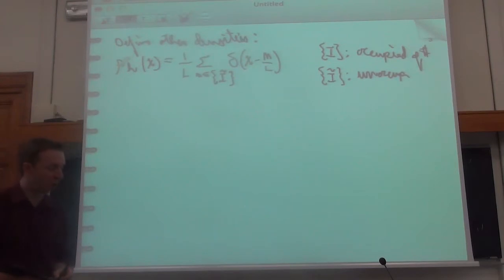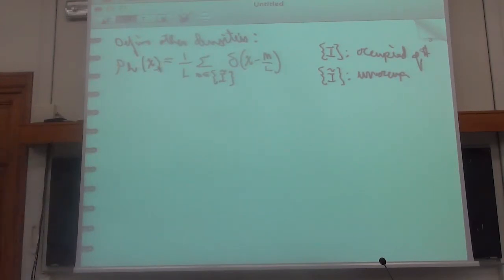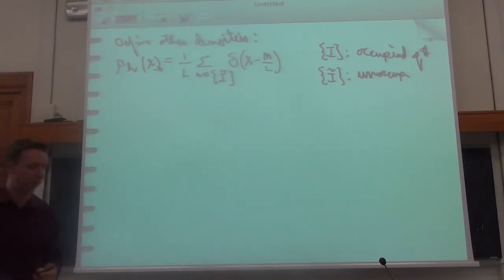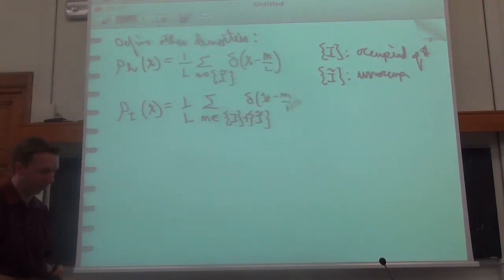So this rho hole of x is simply the density of occupation of holes in the space of quantum numbers. And there's of course also a rho total function of x, which is 1 over L, the summation over n in the union of I plus I tilde of delta of x minus n over L.